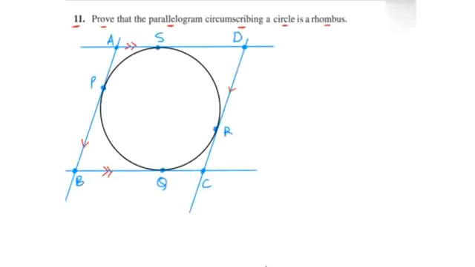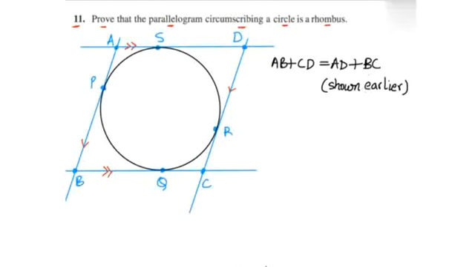So for the parallelogram ABCD in our figure, AB plus CD will be equal to AD plus BC, because we have shown this earlier in question number 8. But if this question comes up on an exam, you will have to write the proof of this completely. You will have to first show that AB plus CD is equal to AD plus BC.